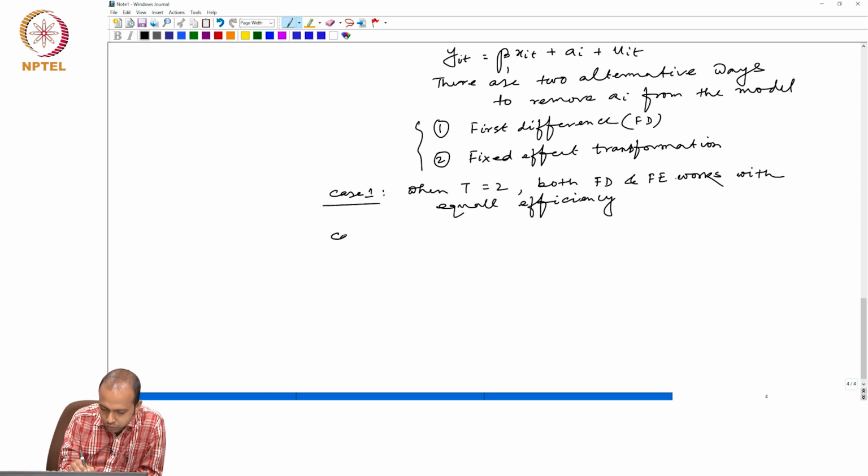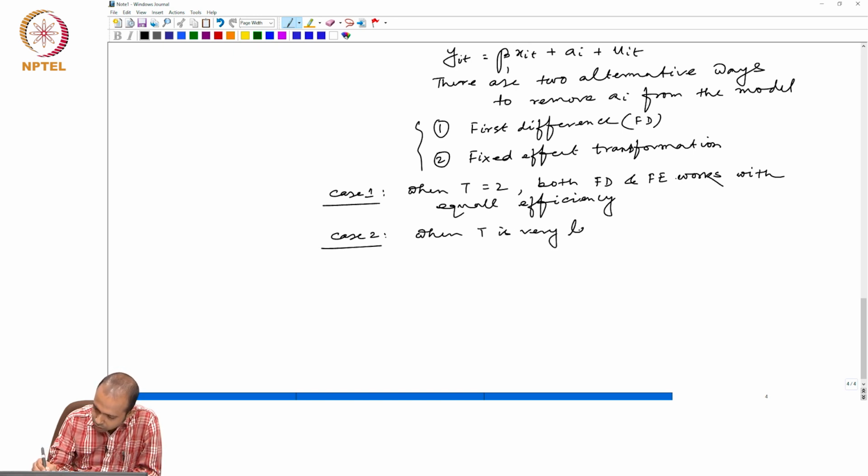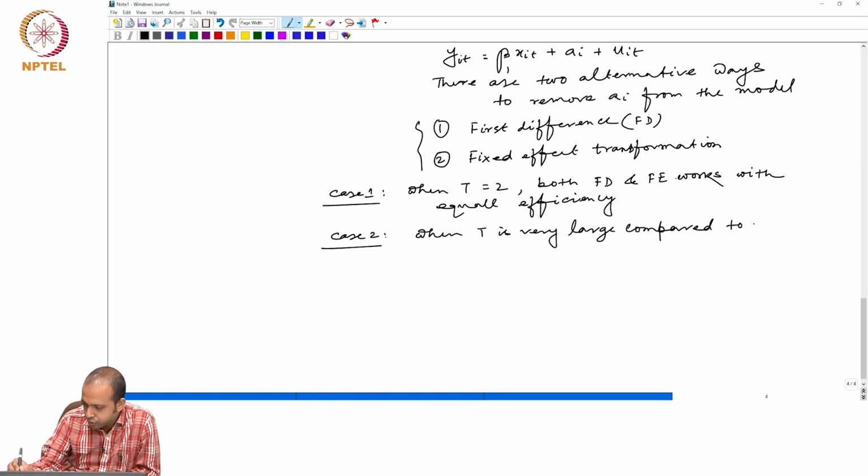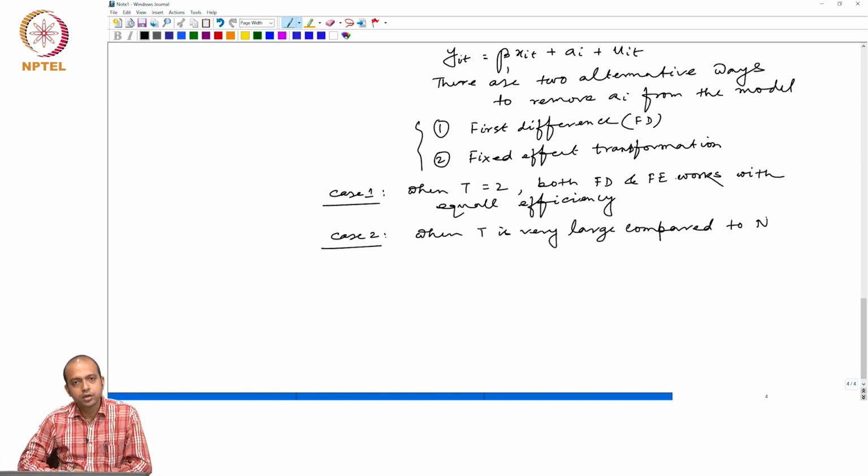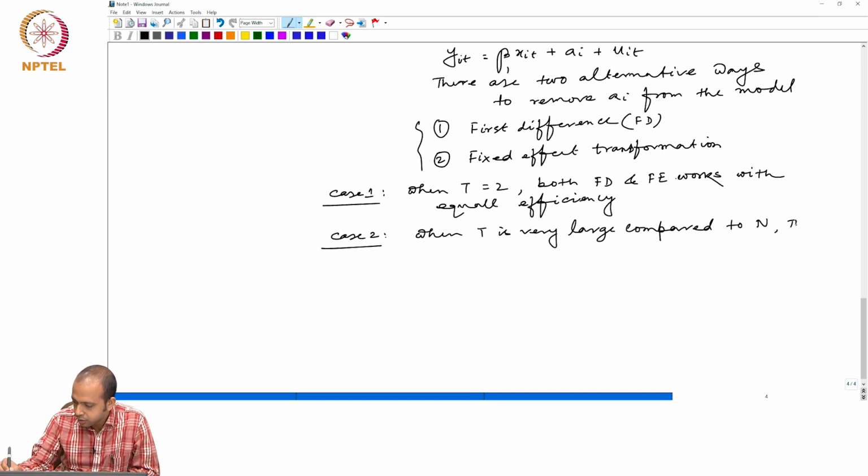Case 2, when T is very large compared to N, then FD is better.